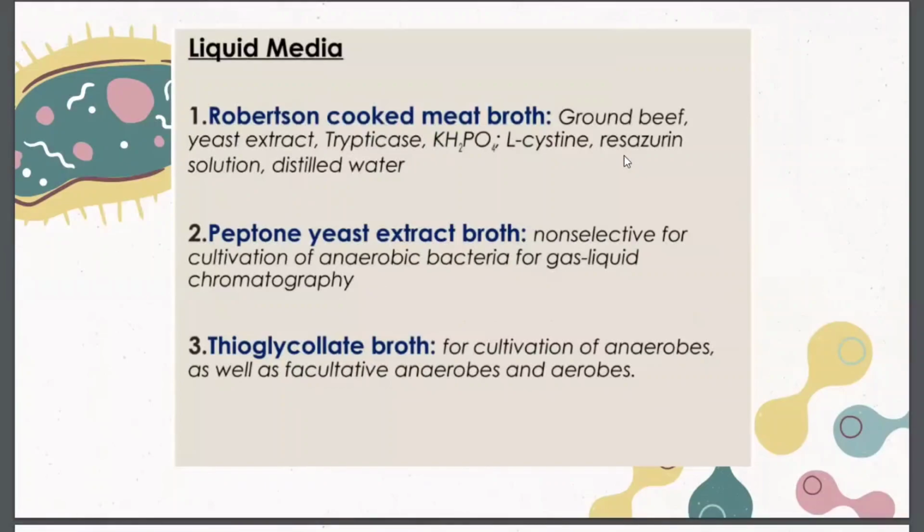Robertson cooked meat broth contains ground beef, yeast extract, trypticase, KH2PO4, cysteine, and resazurin solution in distilled water. The peptone yeast is non-selective for cultivation of anaerobic bacteria for gas liquid chromatography. And the last one is for cultivation of anaerobes as well as facultative anaerobes and aerobes.